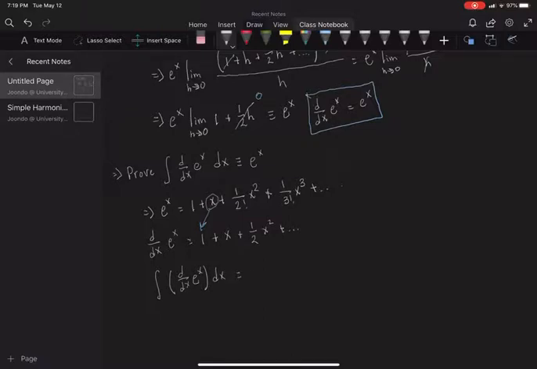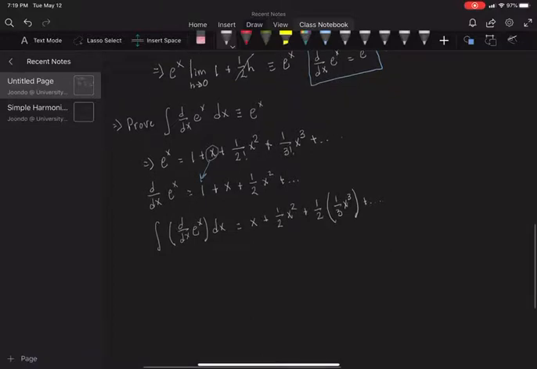We get x back, plus 1/2 x squared, plus 1/2 times 1/3 x cubed, and etc. So this is really the same thing as x plus 1/2 x squared plus 1/6 x cubed, and realize that it's just the Taylor series without the 1.